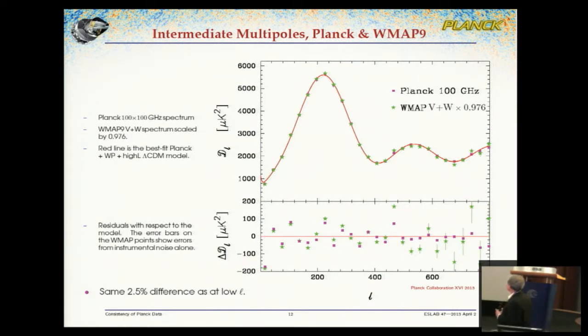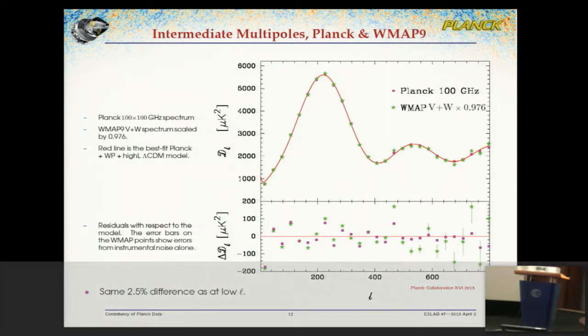Down here you see residuals with respect to the model. Remember, this already has WMAP adjusted by 2.5%. And you see with that change, quite good agreement. A shift systematically in the WMAP residuals towards the high end. But you see over this intermediate range, we see that comparison.